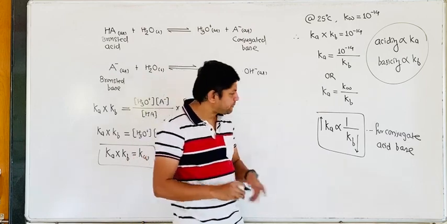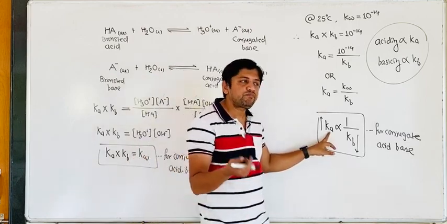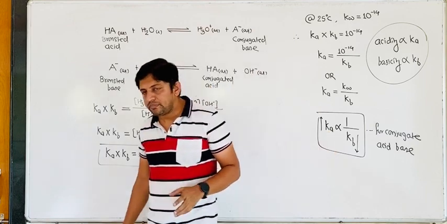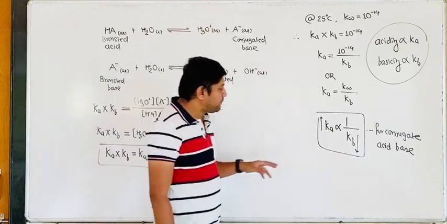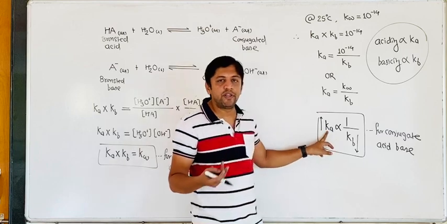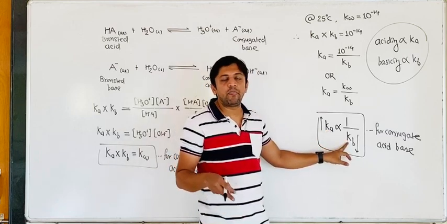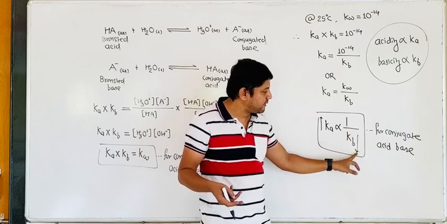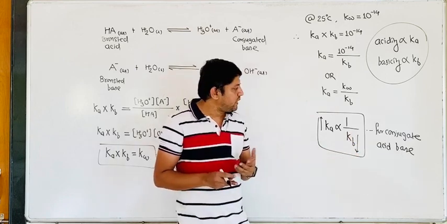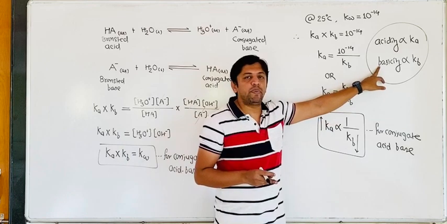When we said parent acid is a stronger acid. If acid is stronger, its value of dissociation constant is more, then the dissociation constant of its conjugate base is less. That means it is less basic.